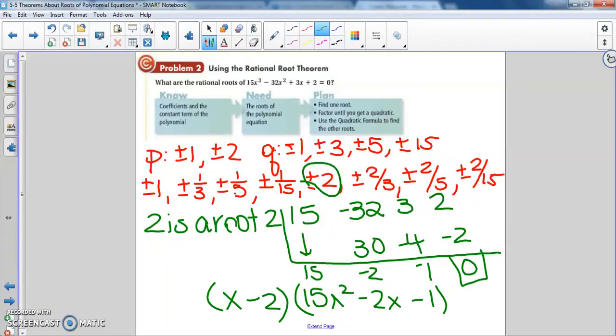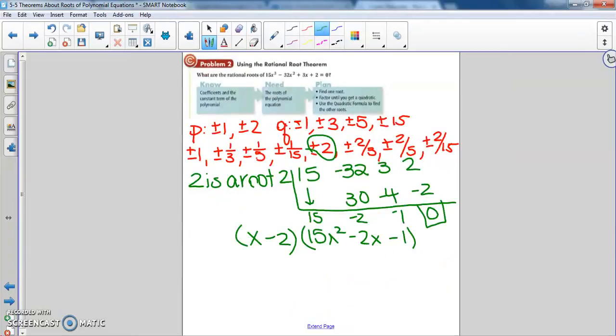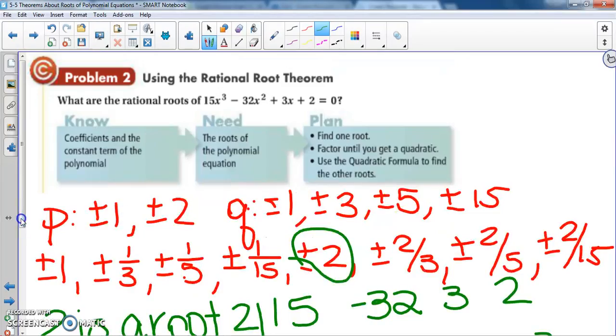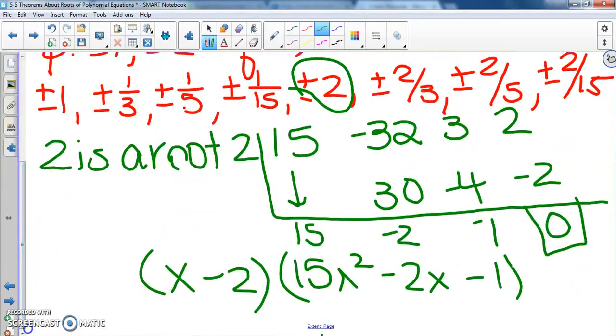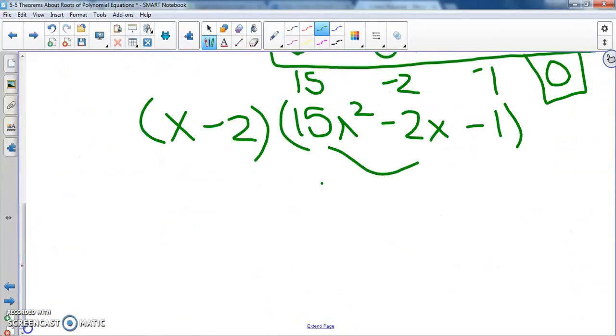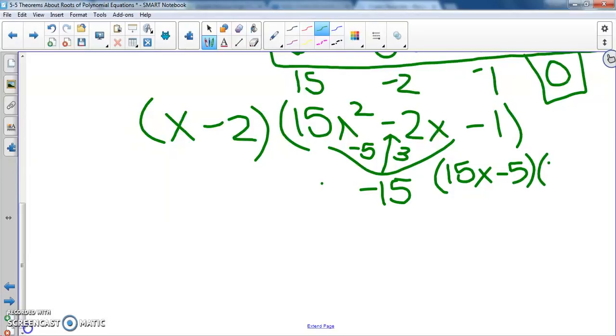Since we have 15x squared minus 2x minus 1, we can go ahead and factor that. What multiplies to negative 15 and adds to negative 2? Negative 5 and 3, making it 15x minus 5 times 15x plus 3.